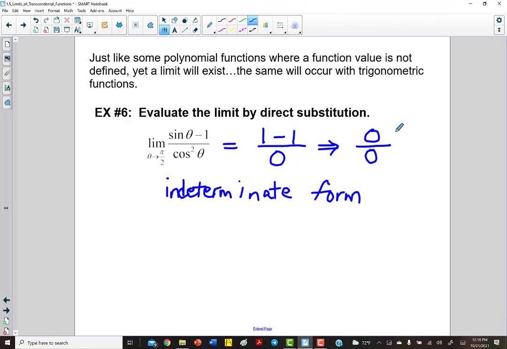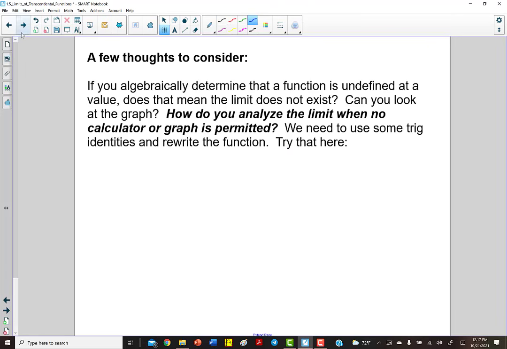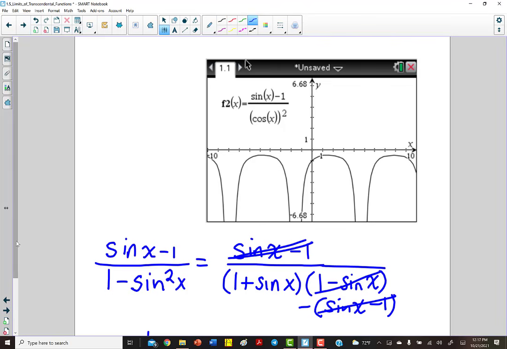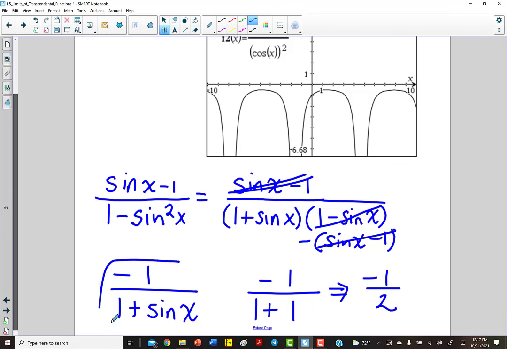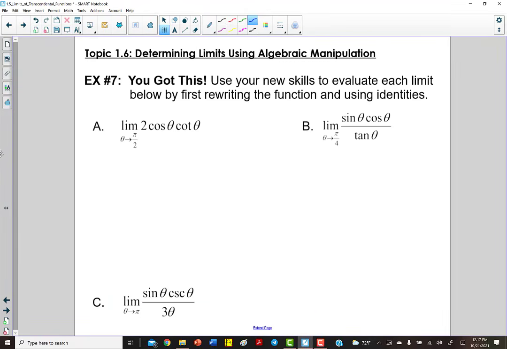So we do have a limit. We just didn't know what to do yet. And the Pythagorean identities helped us out there. So this would be our simplified form after we factored. And I guess pi over 2 must be right about in there for the value of the limit at pi over 2.